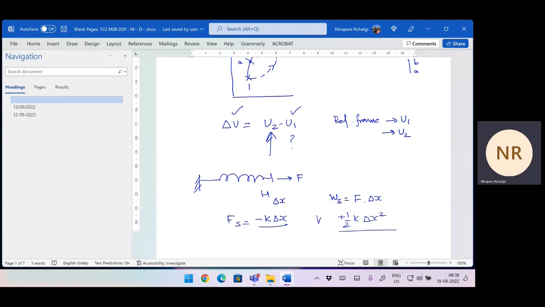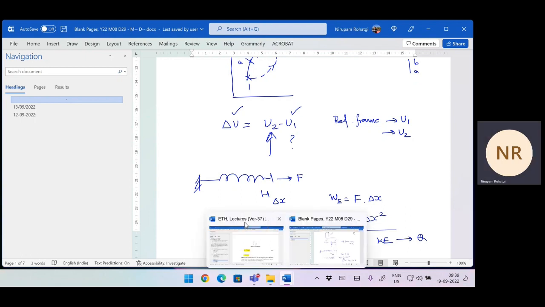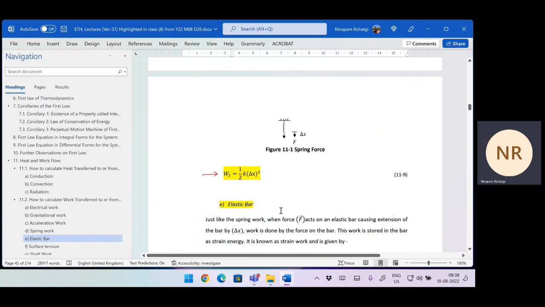What is stored is this much. The remaining balance goes into kinetic energy, and then into heat. This is what happens. So you should know what you are taking care of, right? Otherwise the calculations will go wrong.